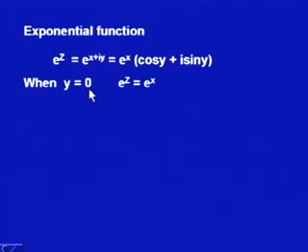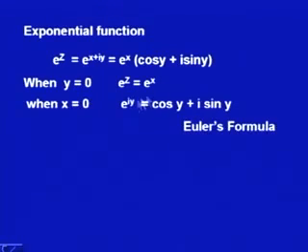So when we take y equal to 0, then z becomes a real variable and e^z is the same as e^x, and when x is equal to 0, this definition gives us e^(iy) = cos y + i sin y, and this is known as Euler's formula.